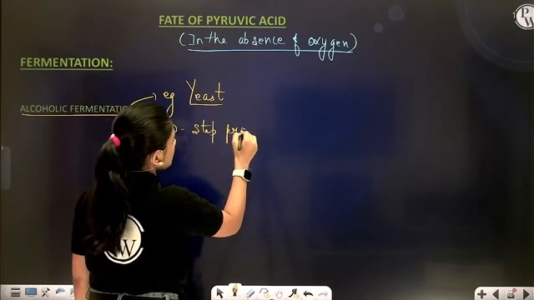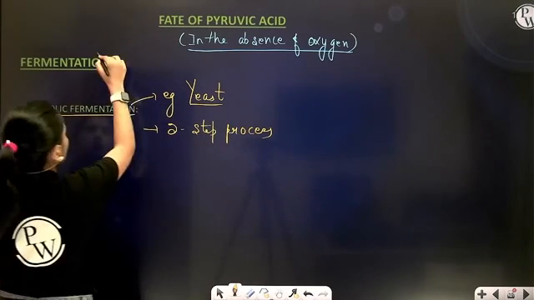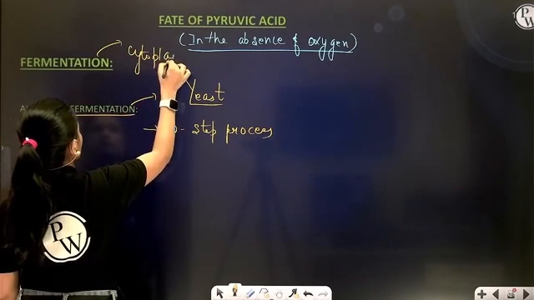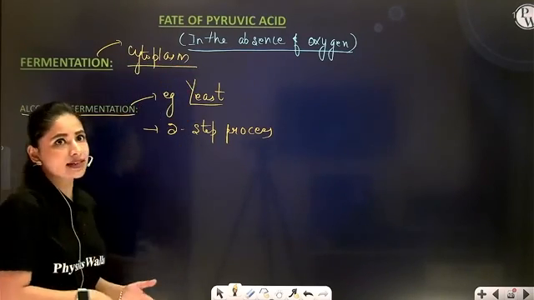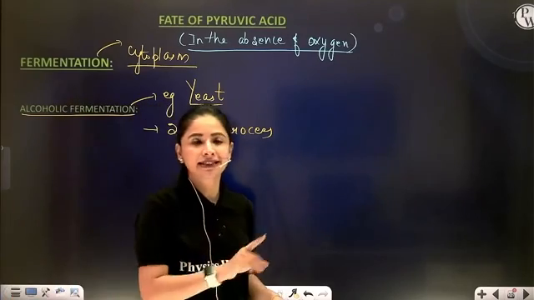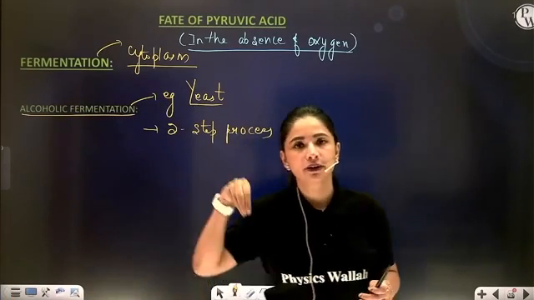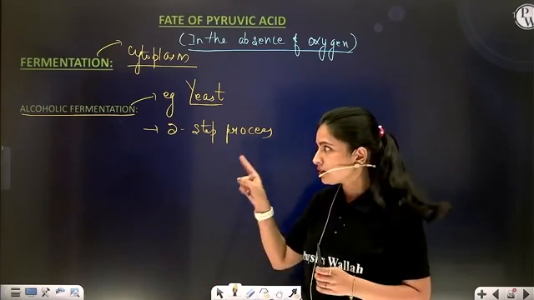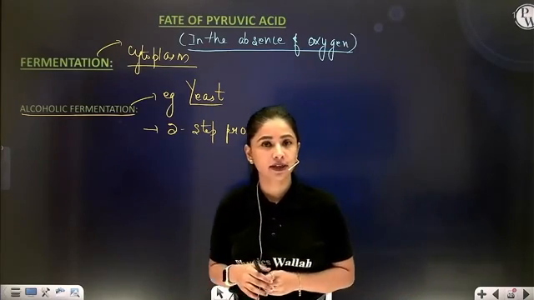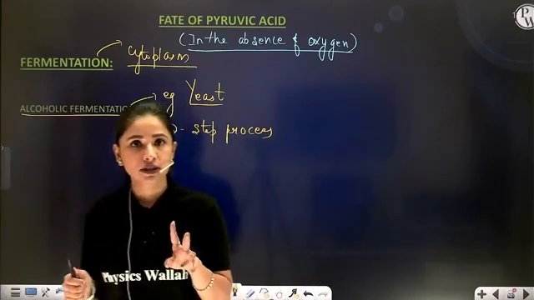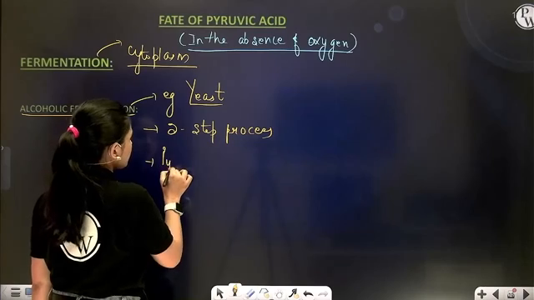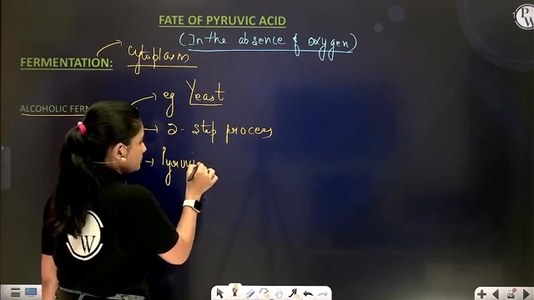Fermentation takes place in the cytoplasm only. So pyruvic acid is also there in the cytoplasm. This pyruvic acid need not go anywhere. It will remain in the cytoplasm and will undergo fermentation. First is alcoholic fermentation. It is a two-step process where pyruvic acid will be reduced.